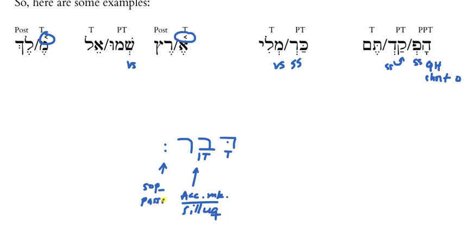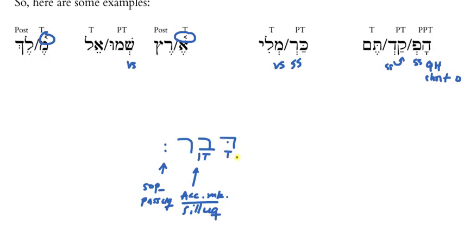The word sof pasuq means like verse division or verse divider or something like that. The two will always occur together. The last word of a verse will always have sof pasuq following it and a silluq marking the stress.